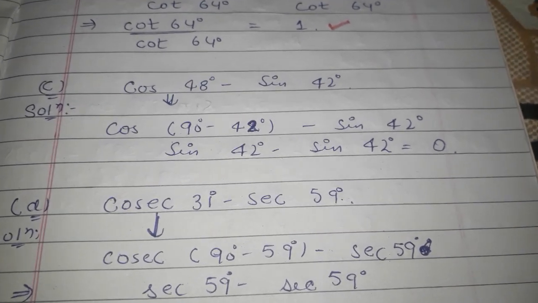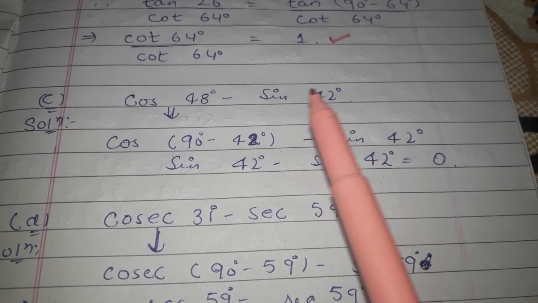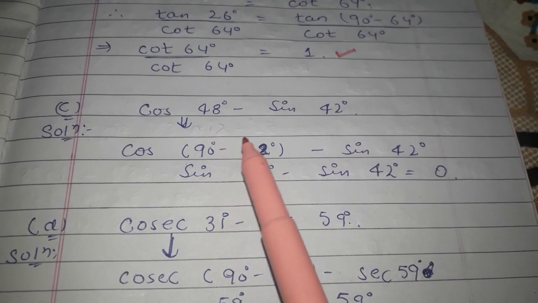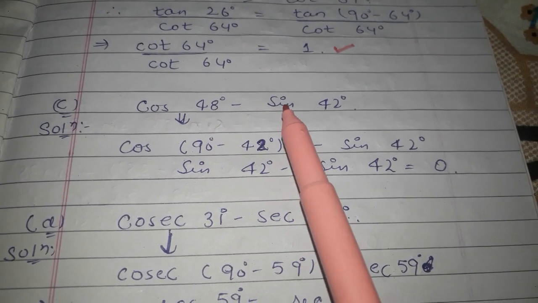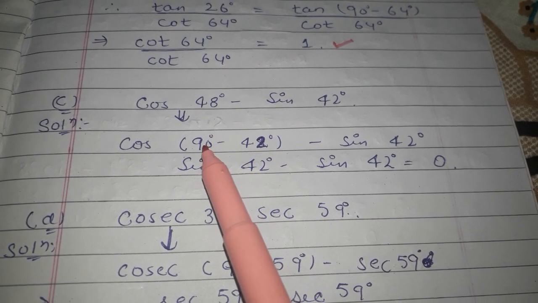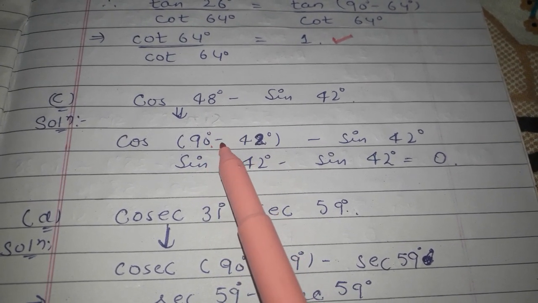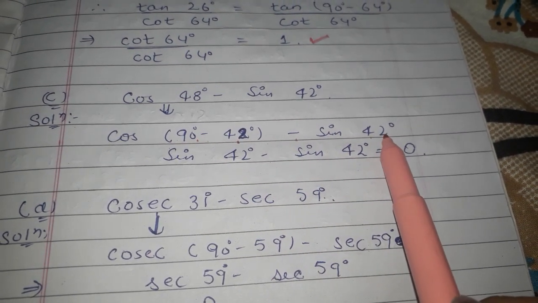Now the third part is cos 48 degrees minus sin 42 degrees. This is also based on the same line, because we do not know the value of cos 48 degrees or sin 42 degrees. Cos 48 degrees can be written as cos(90 degrees minus 42 degrees), and minus sin 42 degrees is written as it is.